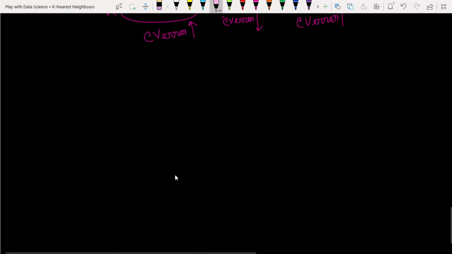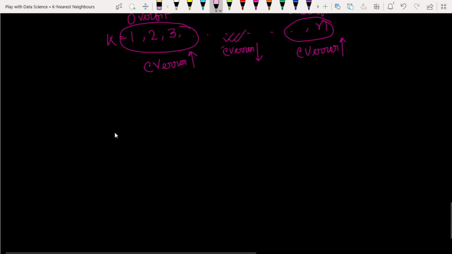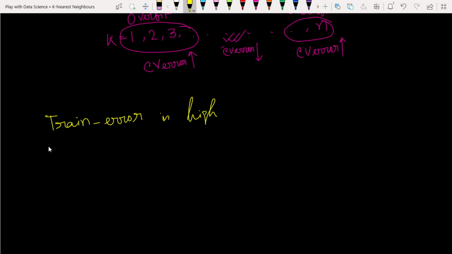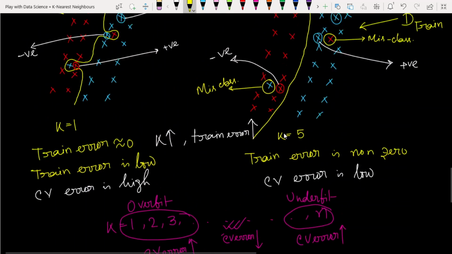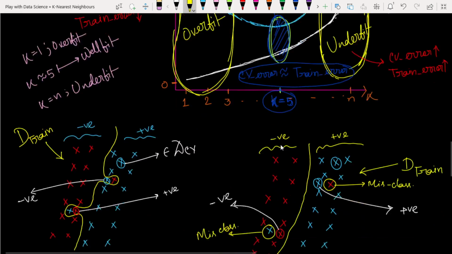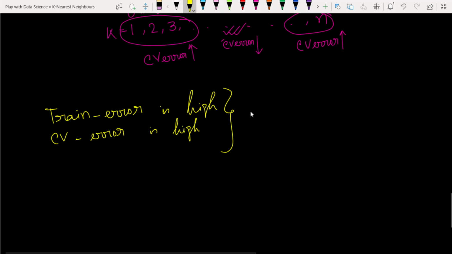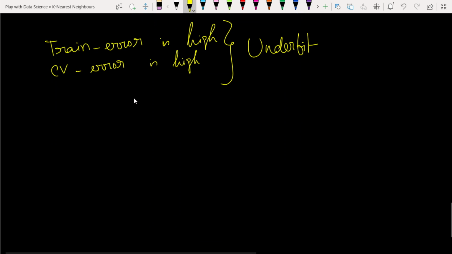So let's summarize what we have seen until now. If our training error is high and our cross validation error is also high, then in this region our model is underfit.